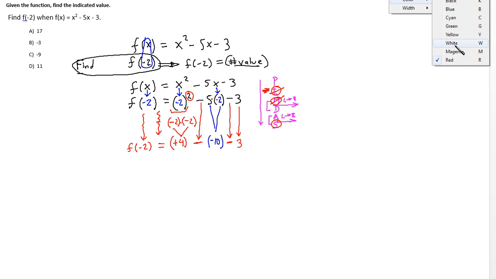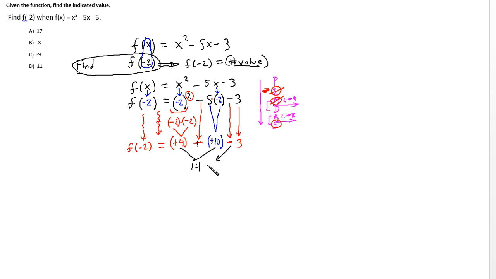Subtraction. Minus a negative is the same as plus a positive. Let's use the rule for additive inverses. We're allowed to subtract by changing subtraction to addition, and the next number to its right to its opposite. So 4 plus 10 is 14. If we carry this down, we have minus 3, and I finish subtraction. 14 minus 3 is 11.